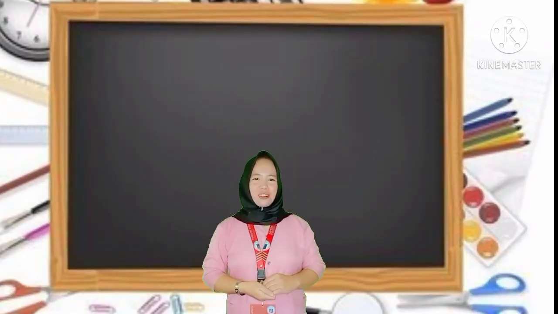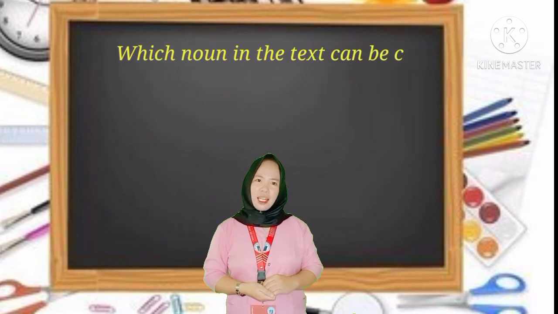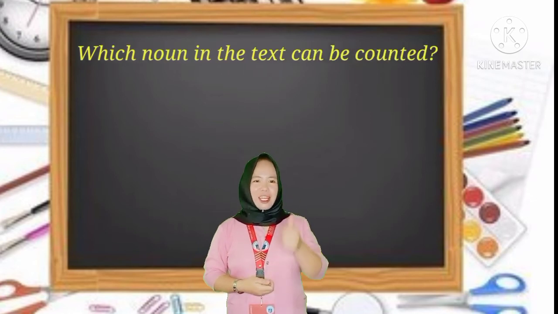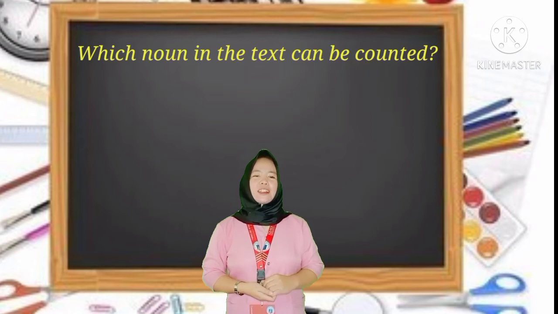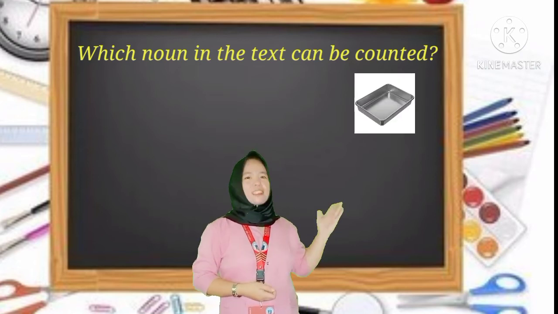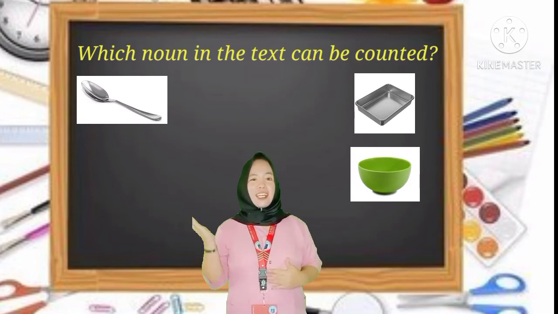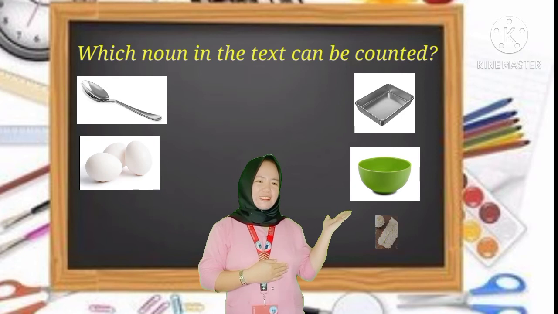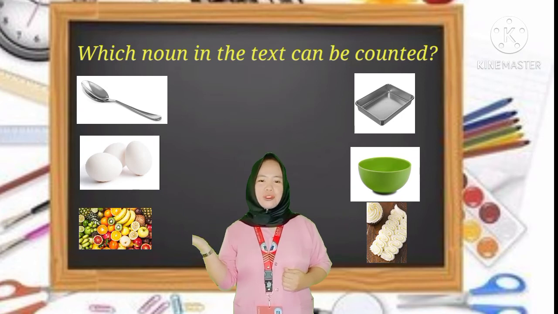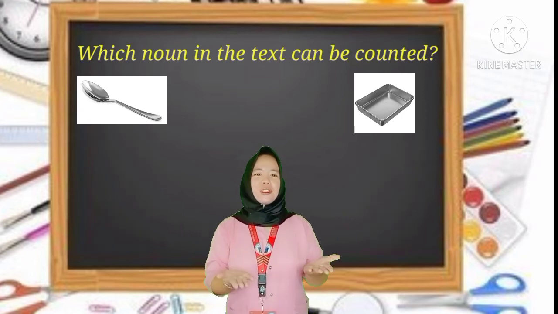Very good, children. And now, let us answer the questions below. Which noun in the text can be counted? Very good. The nouns that can be counted are like baking pen, spoon, bowl, eggs, icing, fruits, and other utensils.